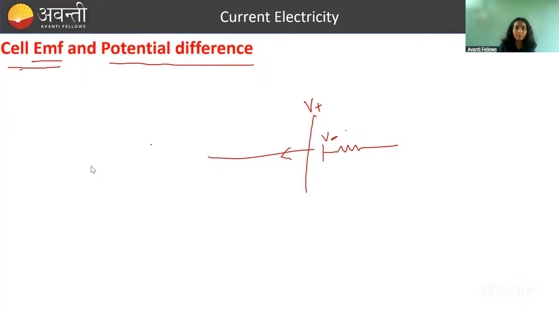And since here there is no way shown for current to reach from positive to negative, current is not flowing. Simple. Because this is open circuit. And in open circuit, when we define potential difference, let's talk about this point and this point across the cell.